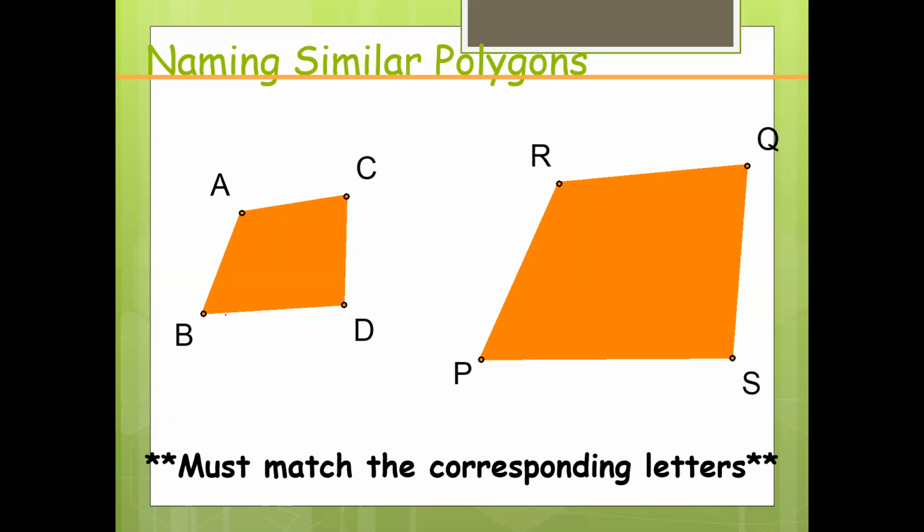So A, B, C, D. Just take a look at their corresponding angles, or letters. So this one, A corresponds to R. Sir, how do you know that A corresponds to R? Look at the orientation of the drawing. This one here is the slant part. Also, the others are enlarged.